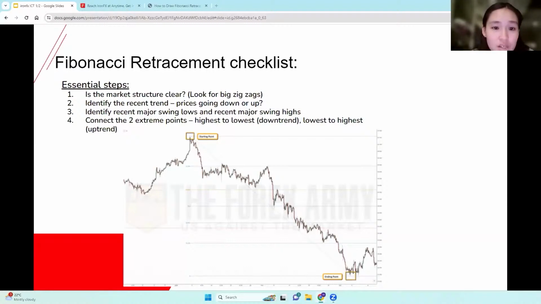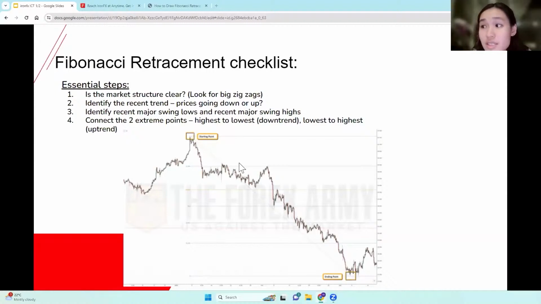Next, we look at the recent trend, so are prices going up or down, and it's important to always follow the general trend. Next, we identify recent major swing lows and swing highs, like those that we've identified previously, and then connect the two extreme points like we have done over here.